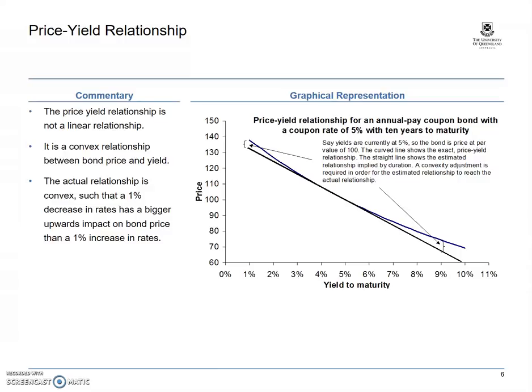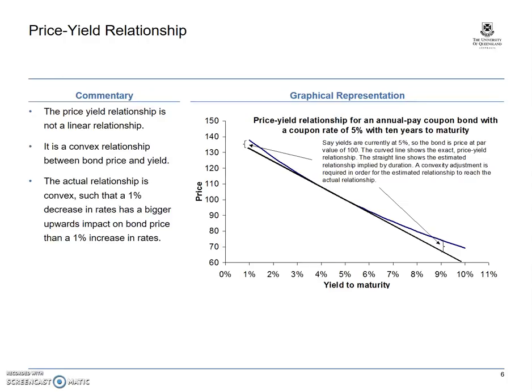And you'll note that there's two lines here. There's the blue line and the black line. The blue line, which is the curved line, as you can see, is a non-linear relationship. In fact, it is a convex relationship.